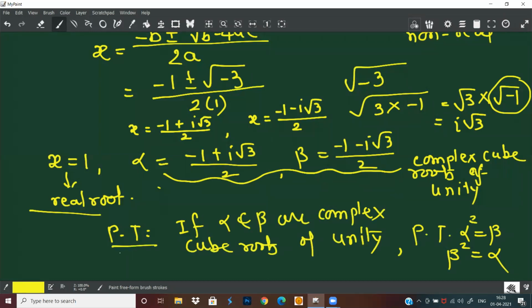They ask to prove this very often. Samarpit, you finished copying everything? Okay, great. Anybody else yet to copy or write?